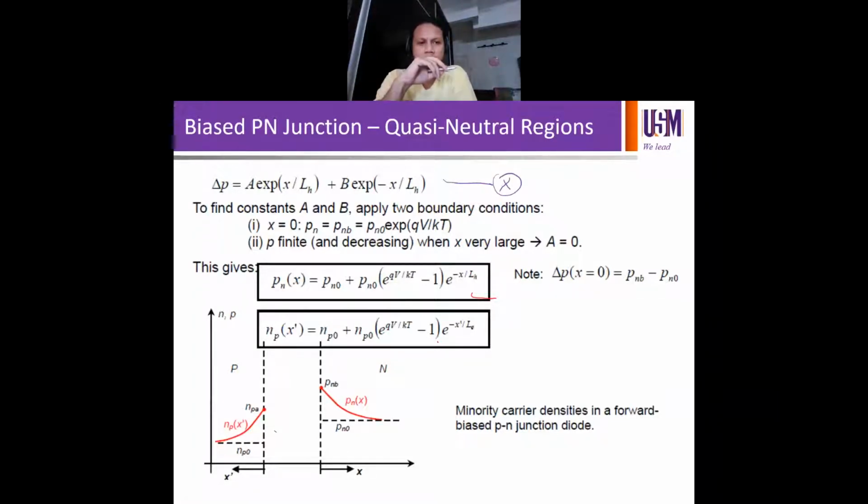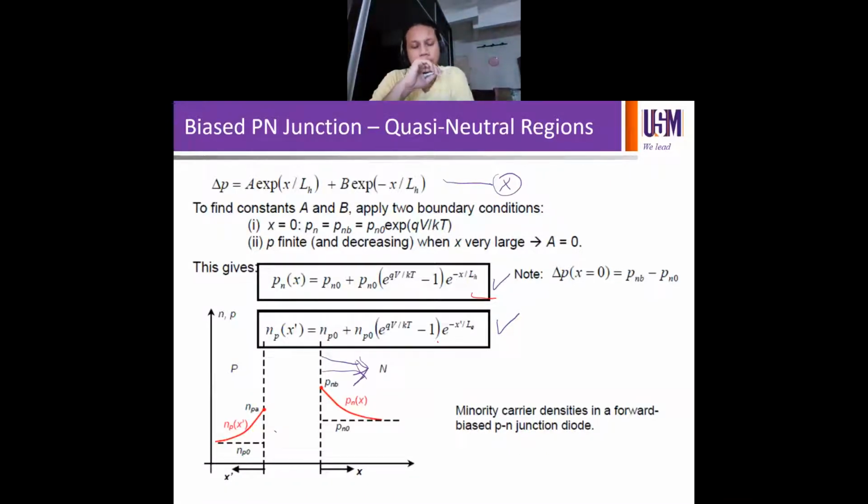After applying the boundary condition in this general solution, you'll come to this point where pn(x) on the right hand side, in the quasi-neutral region in n-type, will be given by pn0 plus pn0 times exponential of qV over kT minus 1, times exponential of minus x over LH, right? LH is the diffusion length of the hole in n-type on the right hand side. So that's the first one.